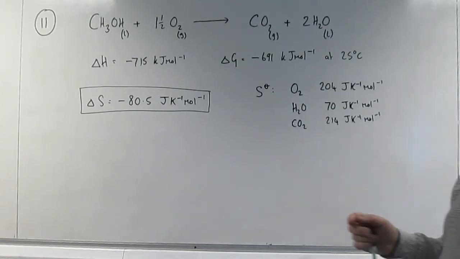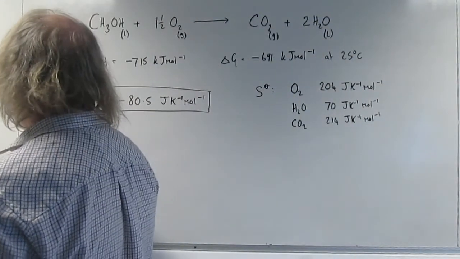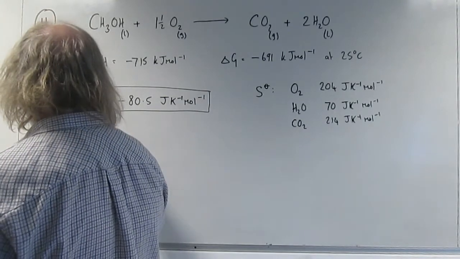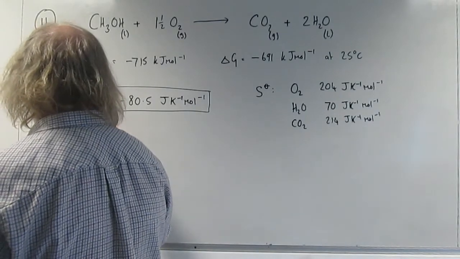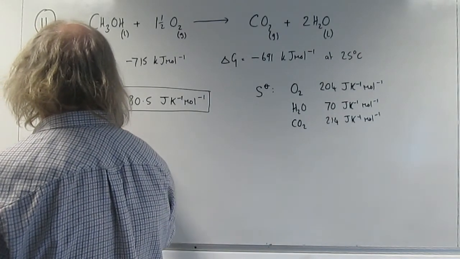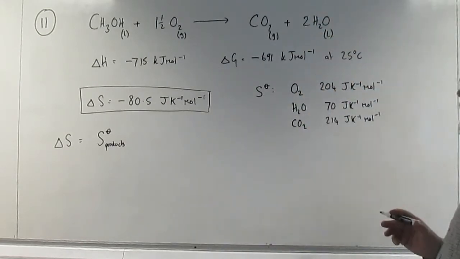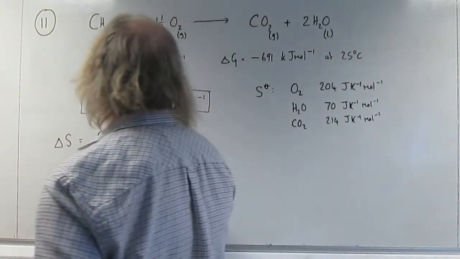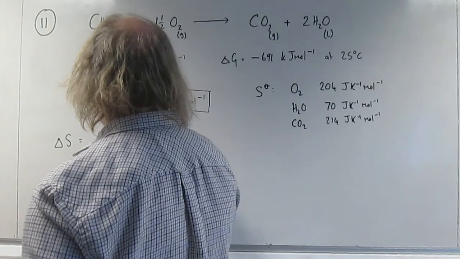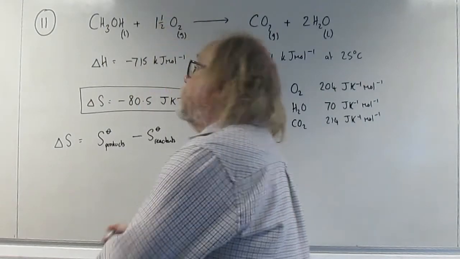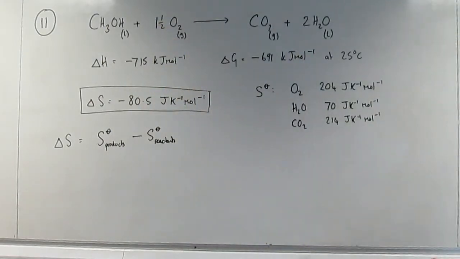So remember, the way it works is that delta S is equal to the molar entropy of the products, because you've gained the product in the reaction, so you have the entropy that they possess, but minus the molar entropy of the reactants, because you've destroyed the reactants, so you've lost the entropy that they have. So if you just think of it like that, you get that the right way round.